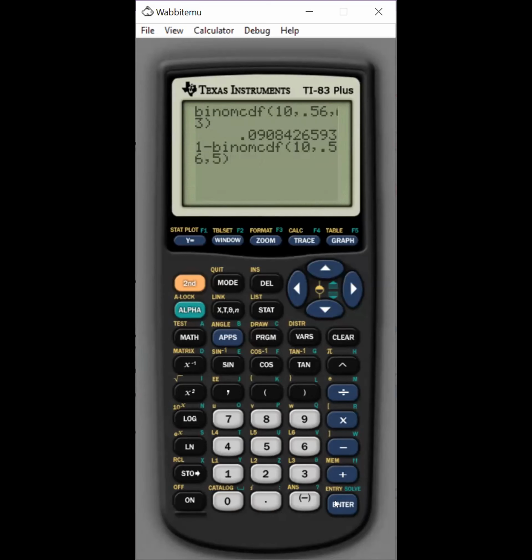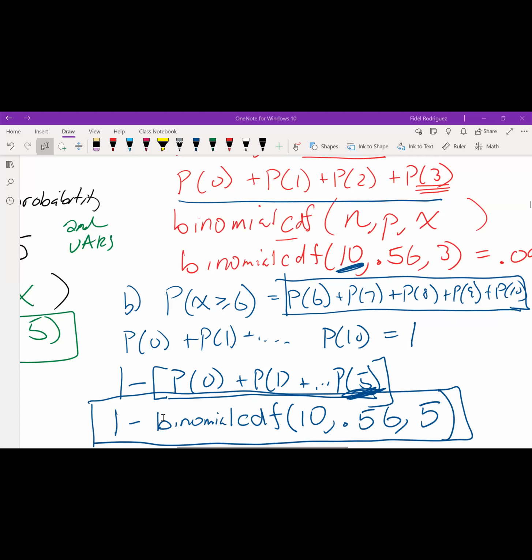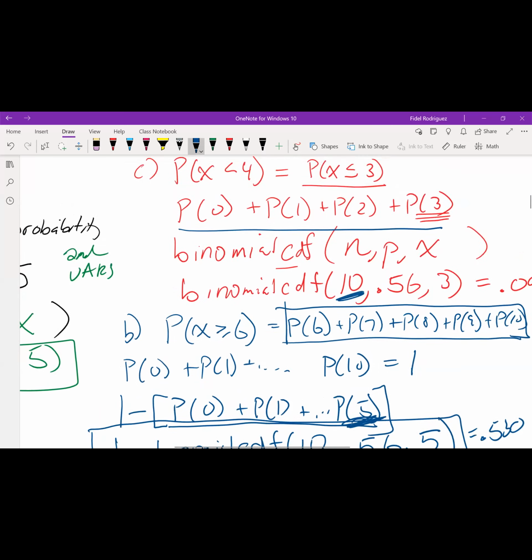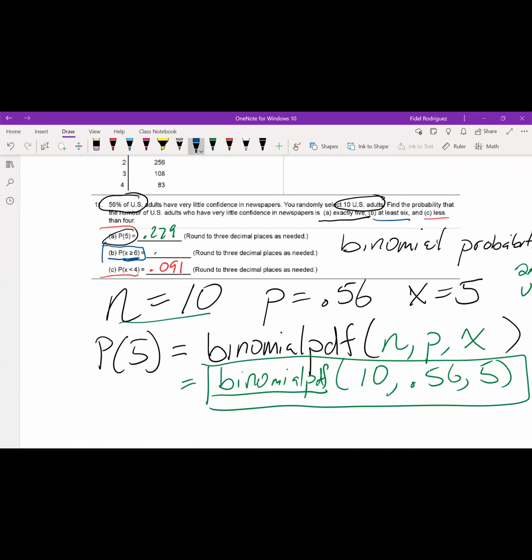Enter that in, and I'm coming up with 0.530. So 0.530 is going to be my answer. When I come back over here, I'm going to type in 0.530.